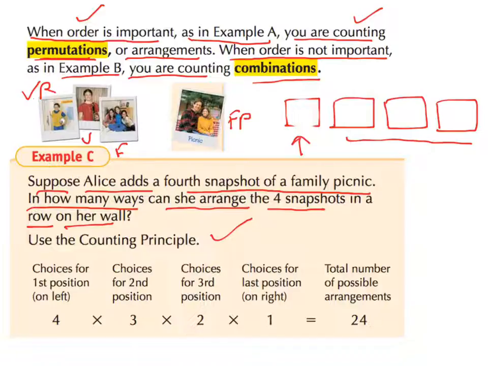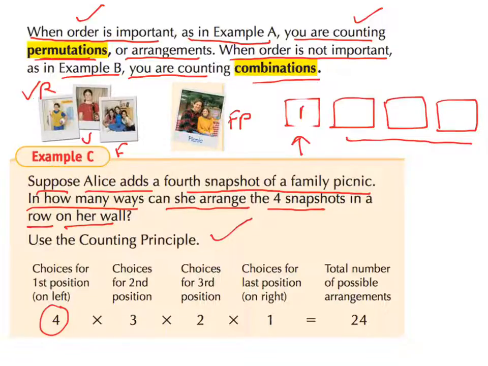He can put either R or V or F or FP. So he has 4 choices for the first position. He can put any one of the 4 pictures.